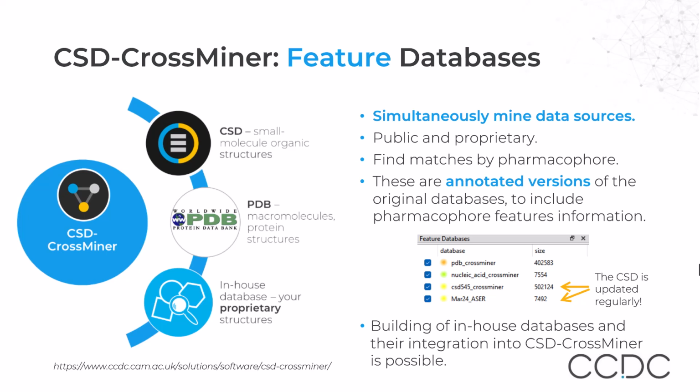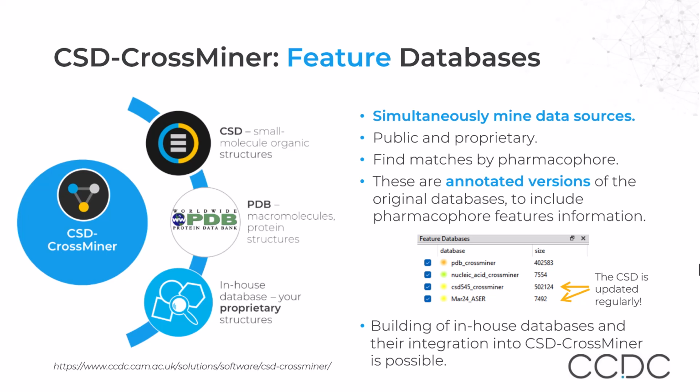So PDB CrossMiner contains binding sites of all the ligands available in PDB with some filters. For example, we don't take structures which were result of cryo-EM, or any structures that have a resolution worse than 3 angstrom for this database.